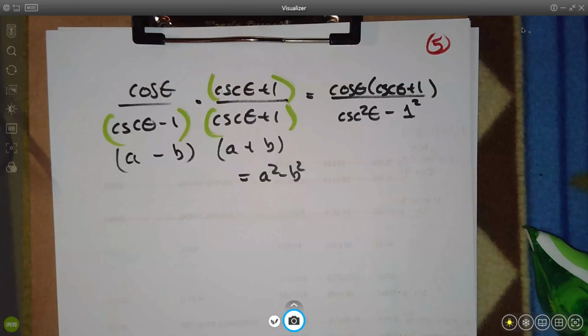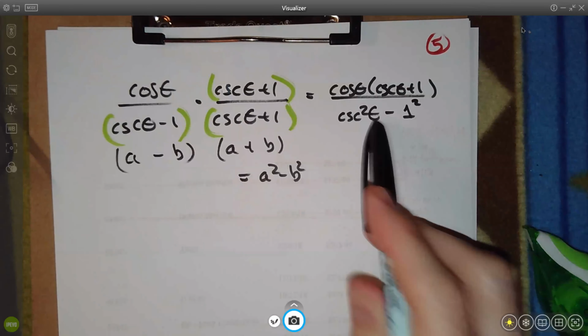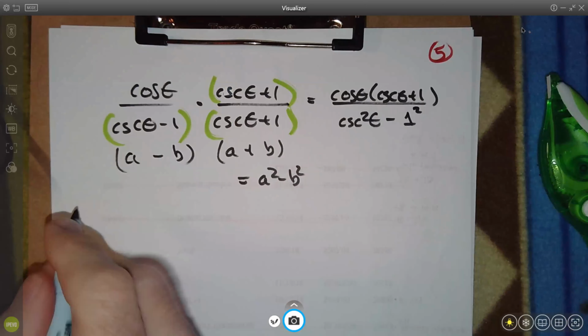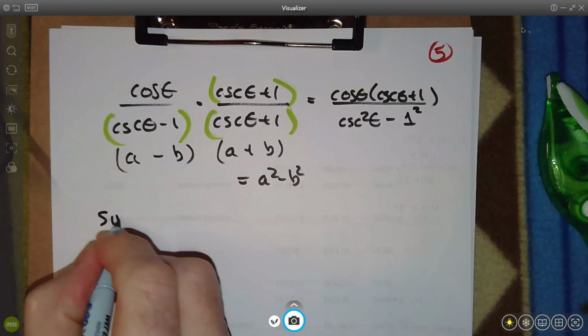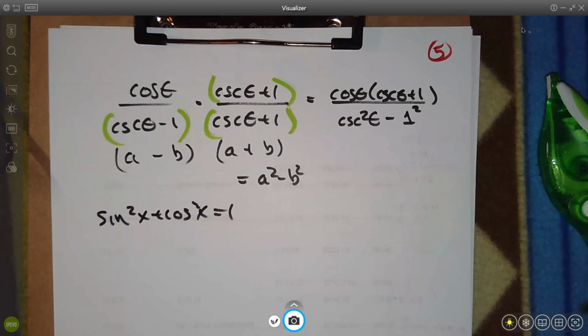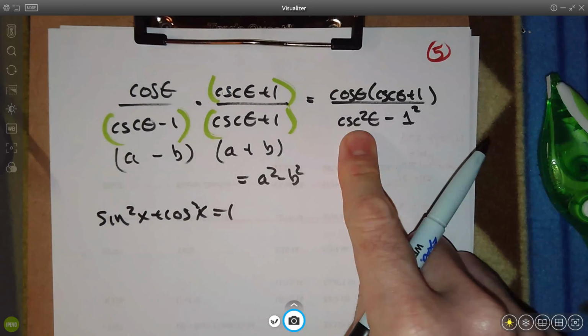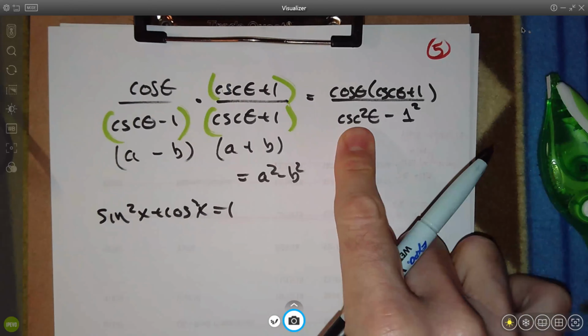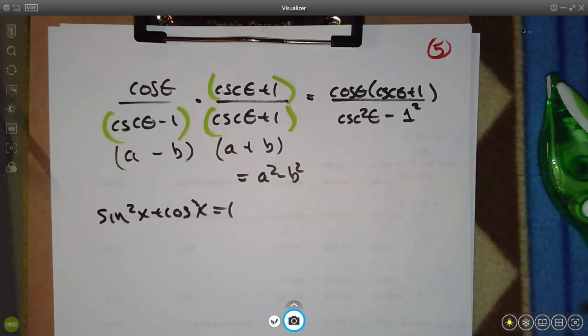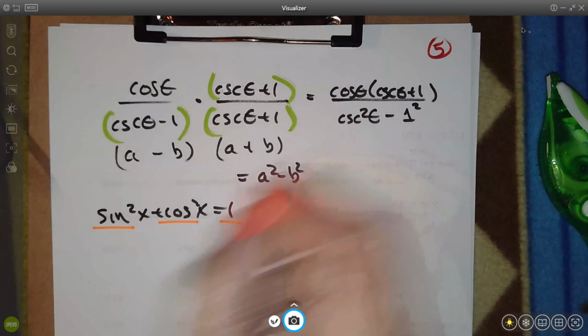And once again, you see something in the denominator that looks like the Pythagorean theorem. Sine squared of x plus cosine squared of x equals 1. Since cosecant squared is really 1 over sine squared, let's take a quick look at what would happen if I divided everything in the Pythagorean theorem by sine squared.